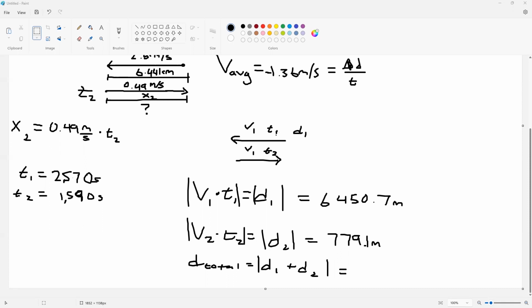Okay. And wait. Oh no, I was using the wrong numbers. I was using displacement instead of velocity.